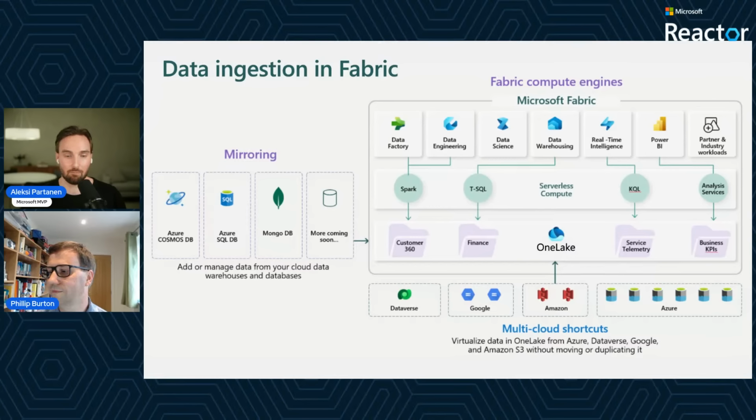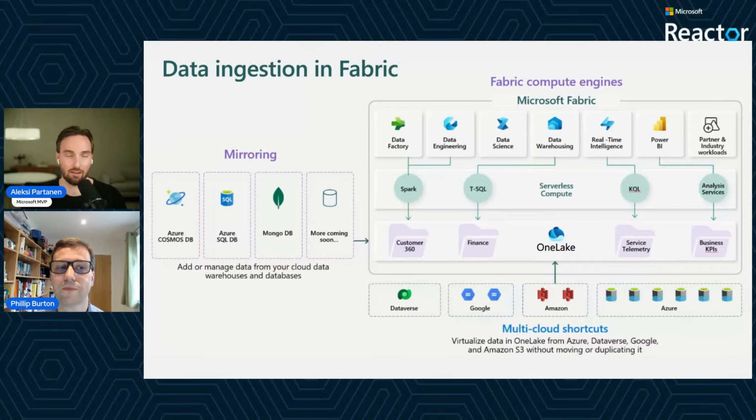There are, for example, shortcuts in Fabric that we can see at the bottom of this slide. And what are shortcuts? Basically, shortcuts are a way to visualize data via Fabric. So you don't actually physically copy the data from those source systems.